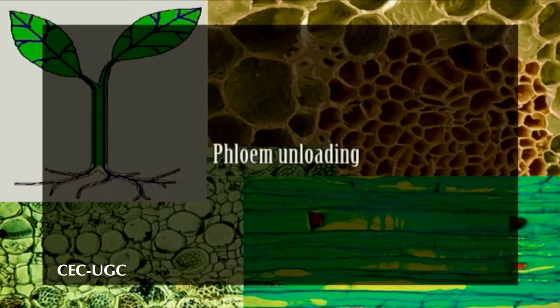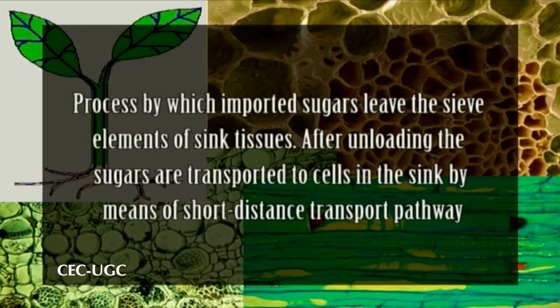Now, phloem unloading. The active loading of sieve tubes at the sites of production has its counterpart in the active unloading of sieve elements at the sites of consumption, that is sinks. Phloem unloading is the process by which imported sugars leave the sieve element of sink tissues.